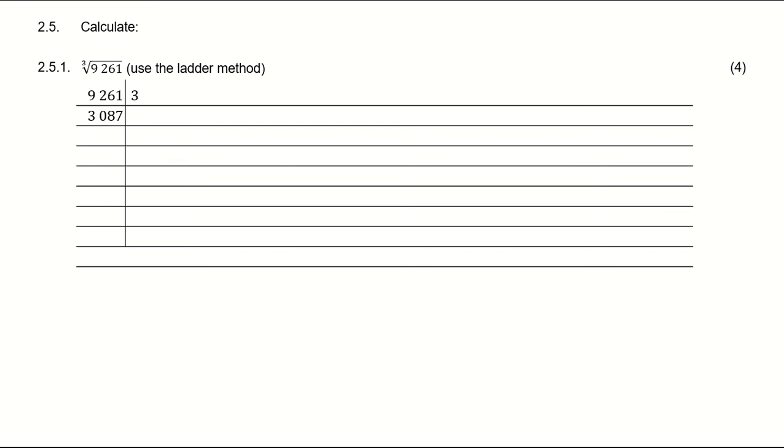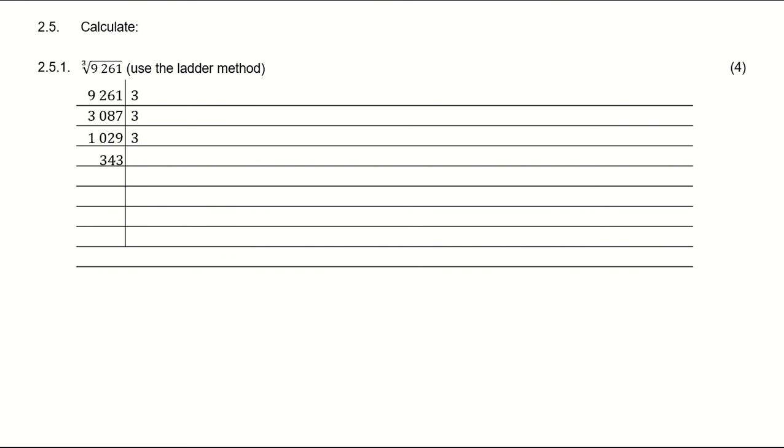No. Can it be 3? We don't know. Check. Yes, it is 3. So 3,087 divided by 3 will give you 1,029. Lowest prime, is it still 3? Yes. 1,029 divided by 3 will give you 343.